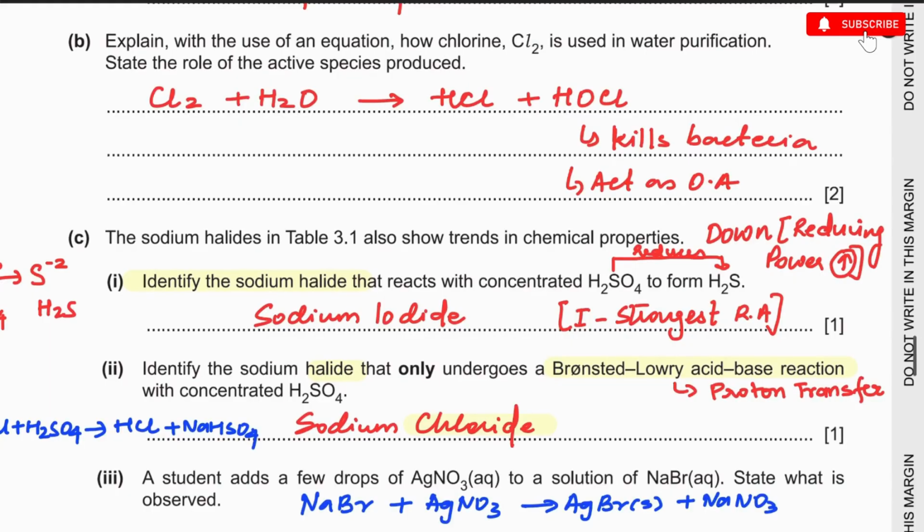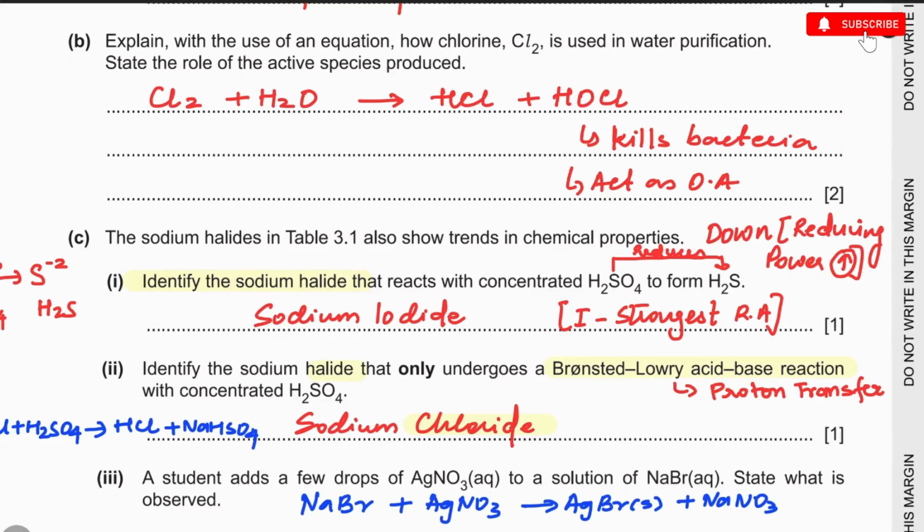And why is that? Because as you move down the group in the halogens, the reducing power of the halogen increases. So down the group, iodine will be a powerful reducing agent. So which sodium halide can we write? We can say sodium iodide.